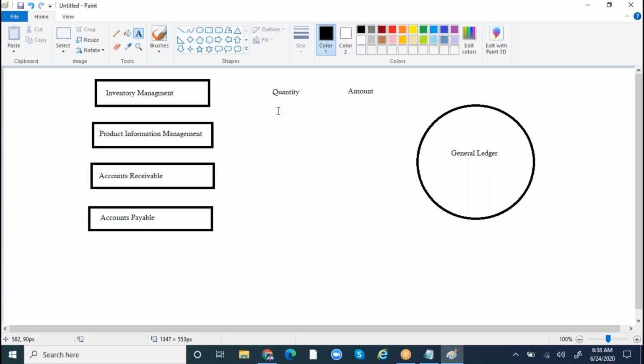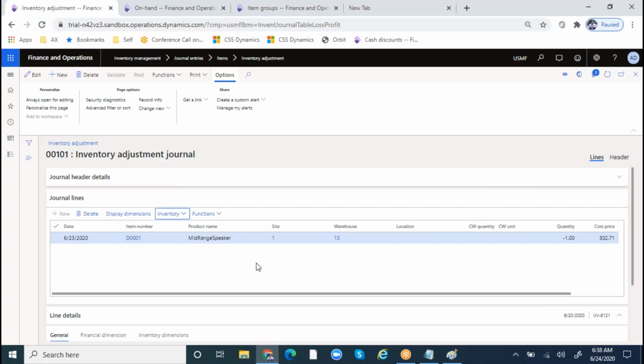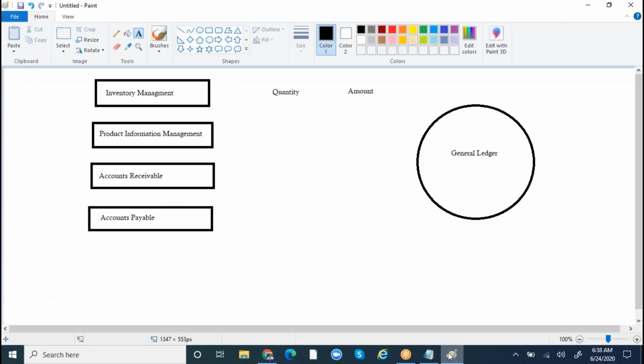Question: at the year-end activity, there must be some inventory adjustment in any company. So we are doing this inventory adjustment, we are using the inventory adjustment journal basically, right? Yeah. So I would like to check my account details, which accounts are affected after doing this transaction.